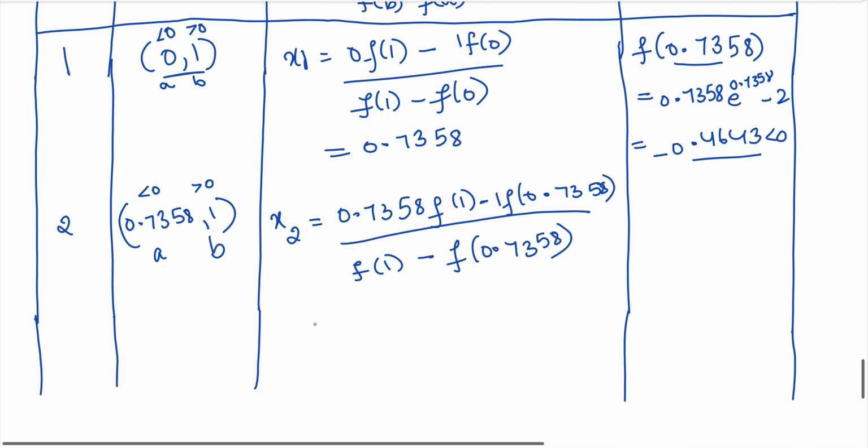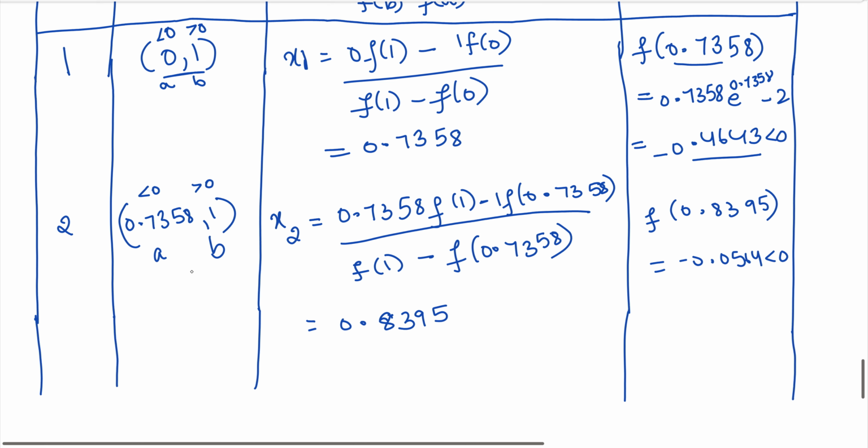So the value of this is 0.8395. So now what is f of 0.8395? When we calculate it, we get minus 0.0564, which is less than 0 again.